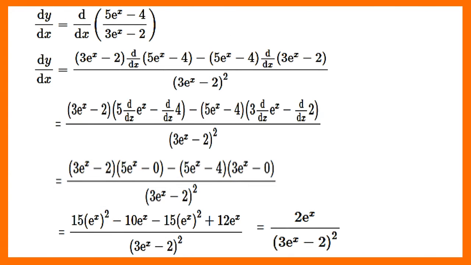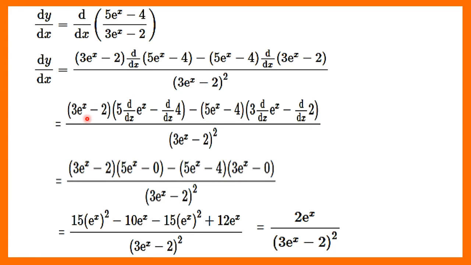By differentiating using the quotient rule, we get dy by dx is equal to 3 into e raised to x minus 2 into derivative of the numerator, minus numerator function into derivative of denominator, divided by denominator function the whole square.